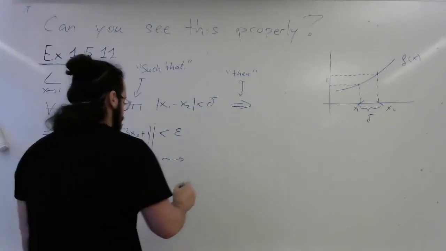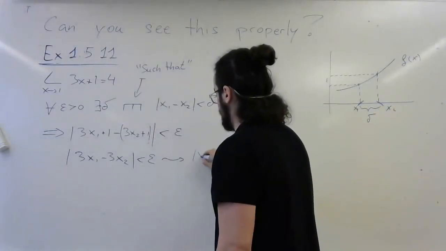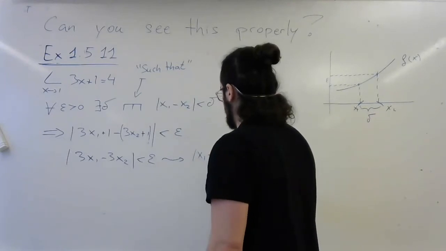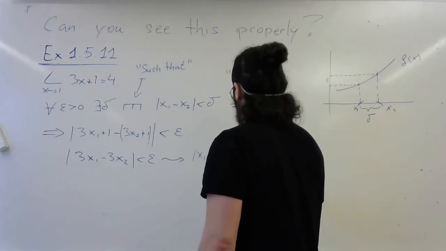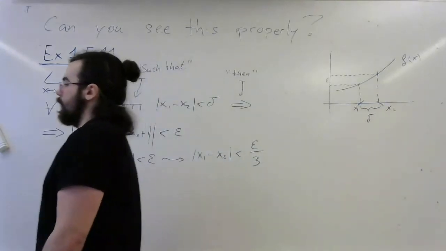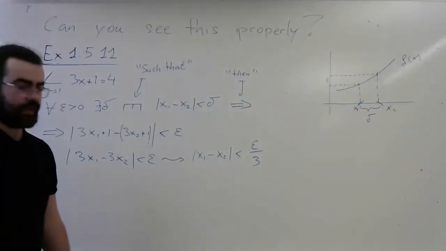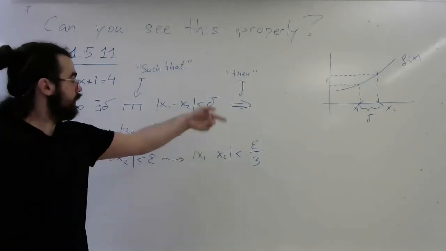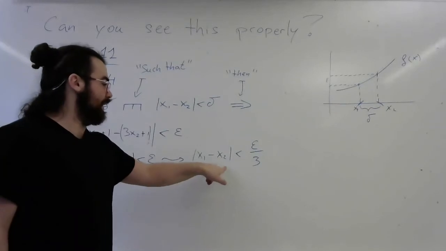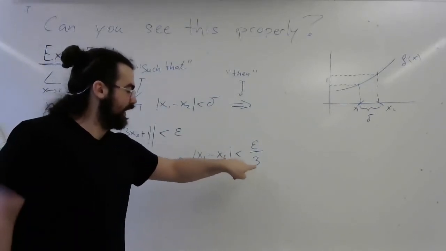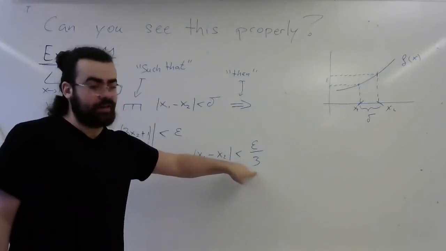And what we have here is that if we have 2 points that are closer than delta, actually those points are closer than epsilon divided by 3 for all epsilon.